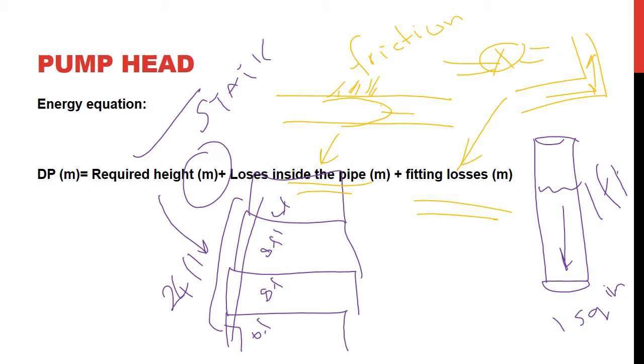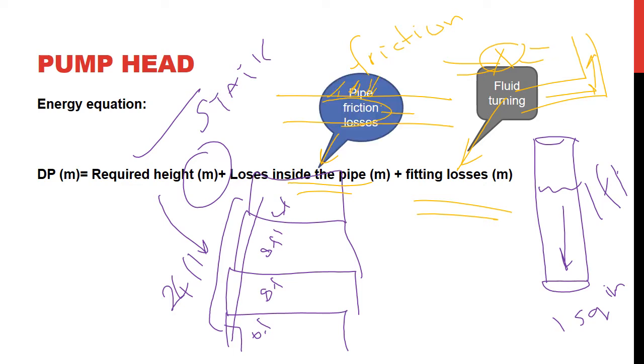What would that loss of pressure equal in length? And to be consistent, again, we can't add apples to oranges. We want to have all of them in feet or meters. So this is the pipe friction losses, and this is my pressure for height, which is static head as well.